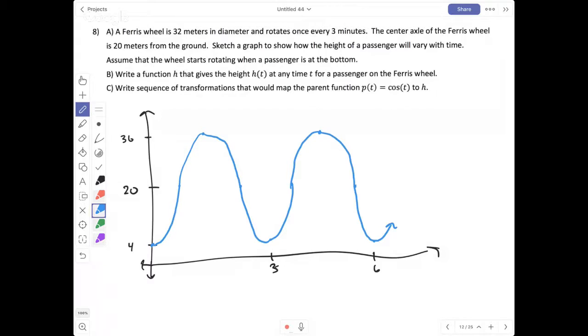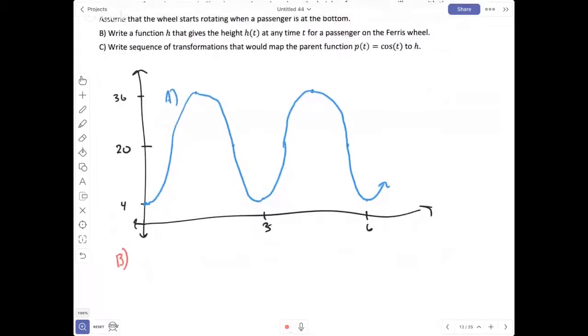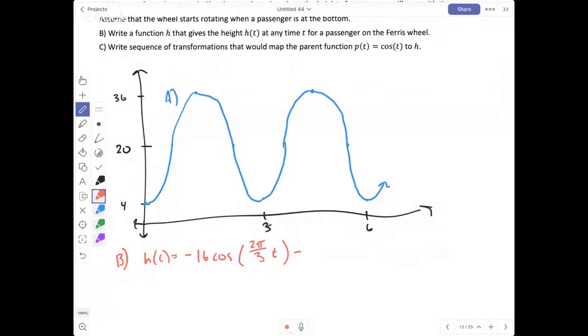There's my graph. So this was A. B: write a function h that gives the height h of t for any time t for a passenger on the Ferris wheel. h of t equals negative 16 cosine of 2 pi over 3 t plus 20. Here we had half the diameter, the radius of the wheel.